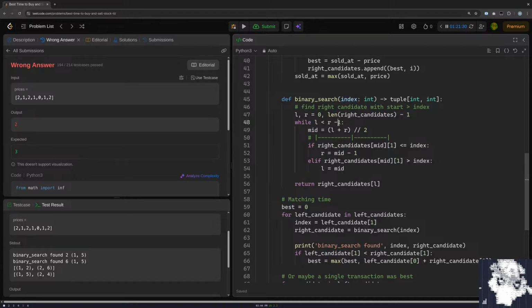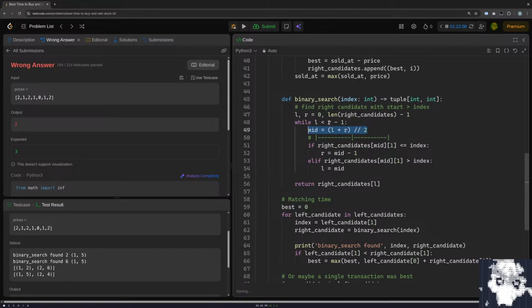Oh, this is probably because of my -1 here that I am not sure if I actually needed. Thing is, at a certain point, it stops shrinking.